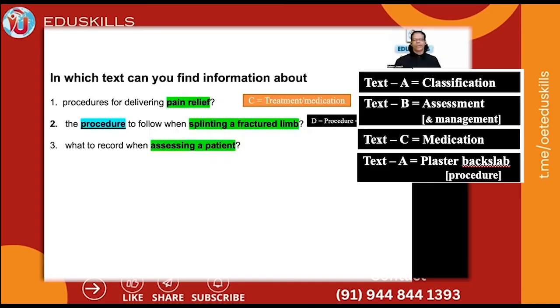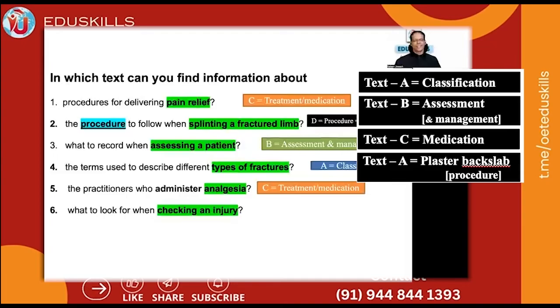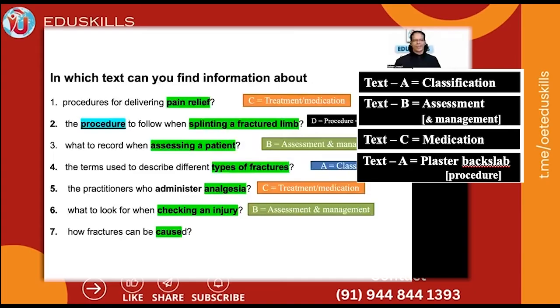What to record when assessing a patient? B, assessment. And the terms used to describe different types of fractures. The practitioners who administer analgesia: treatment, exactly. What to look for when checking an injury? B, assessment. How fractures can be caused?